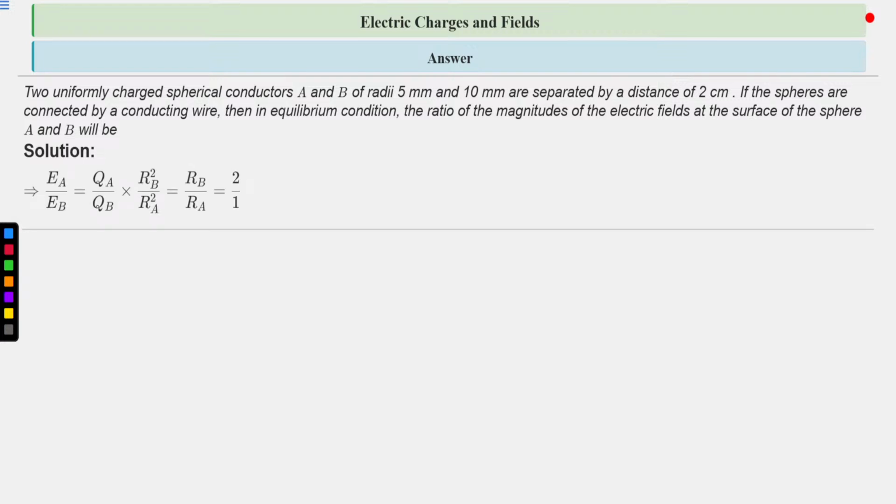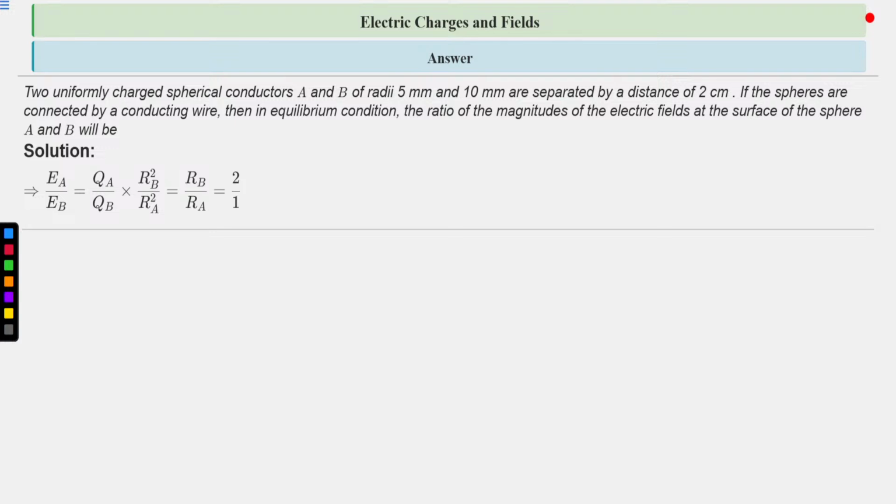Now EA upon EB is equal to QA upon QB into RB square upon RA square, as K gets cancelled out. We know that the QA upon QB ratio is 1/2 and RB upon RA ratio is 2.